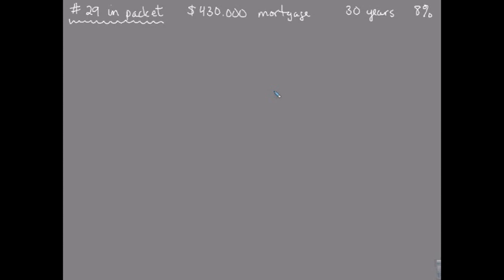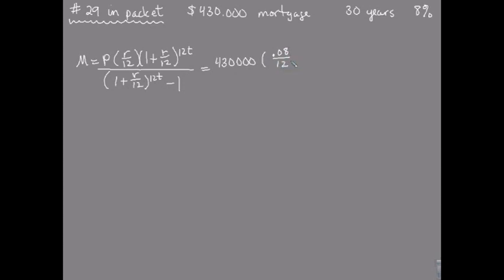Okay. So we're going to use our monthly payment formula again. So we want $430,000. Our rate is 0.08 for the 8%.